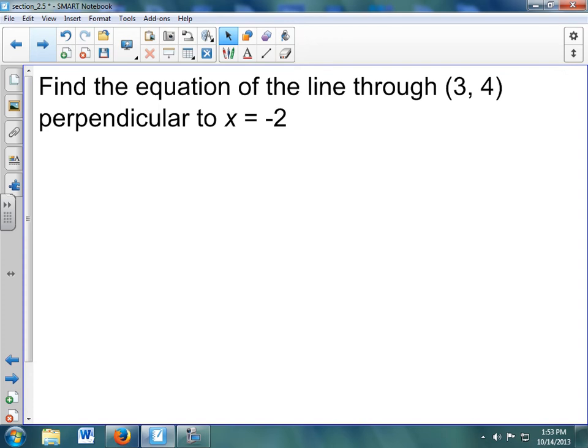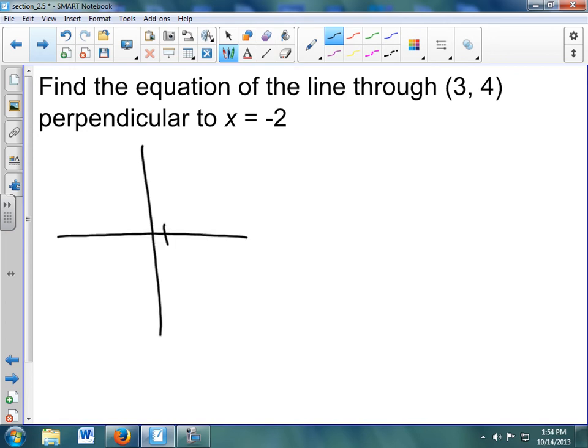First you got to figure out the slope of your old line, and then you have to do the negative reciprocal of it. When in doubt, if you don't know what you're going to do, let's graph it.